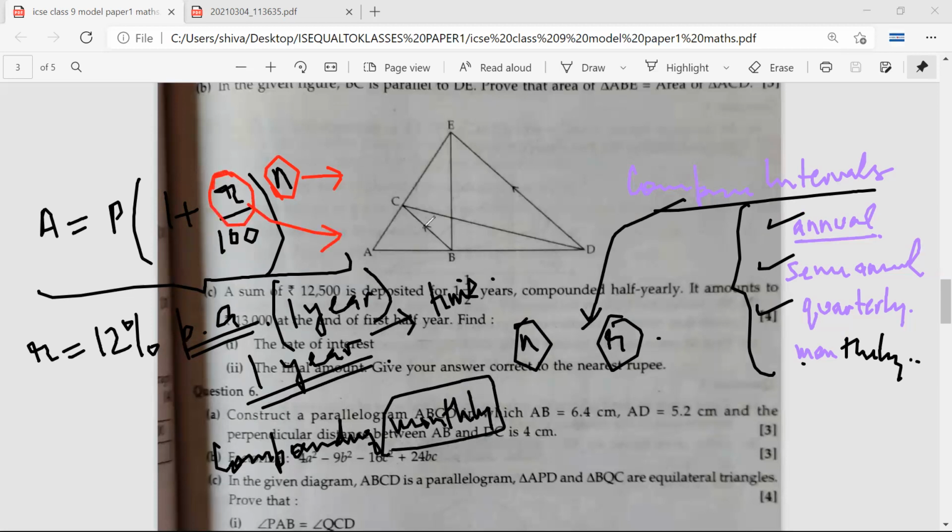The time is 1 year. The compounding is done monthly. So then it will be 12. And the rate of interest would be 1%. So this is the logic that needs to be understood.